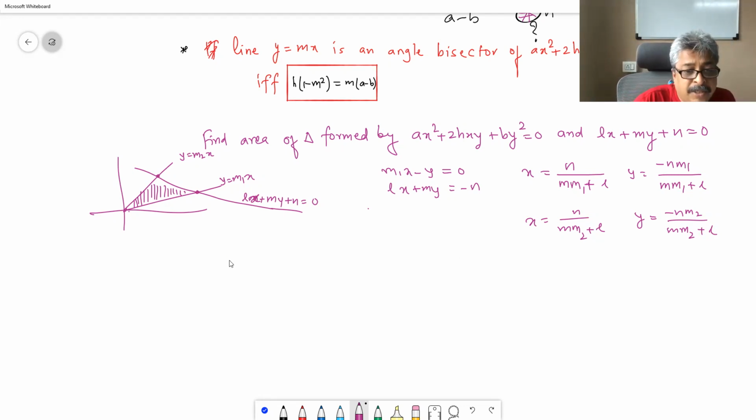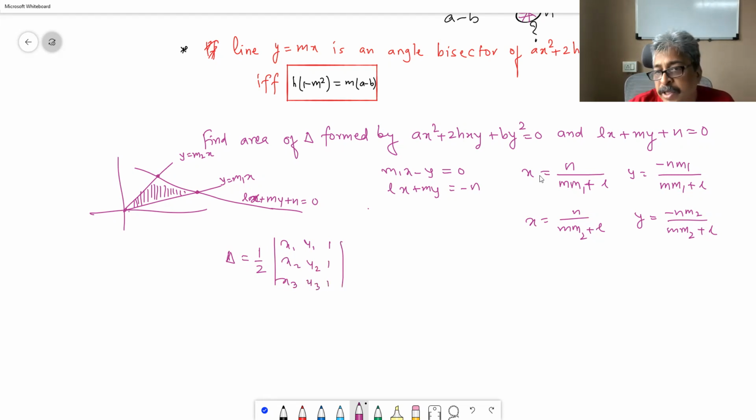And therefore delta is equal to half of the determinant with rows x1 y1 1, x2 y2 1, x3 y3 1. So maybe we can call these two points x1 y1 and x2 y2, and our x3 is 0, y3 is 0.